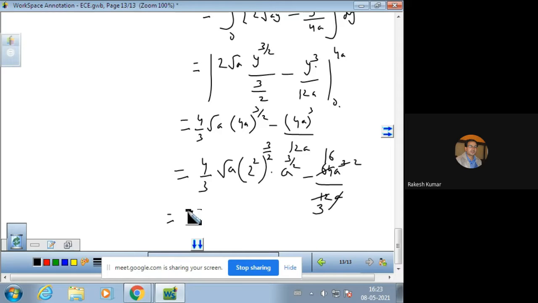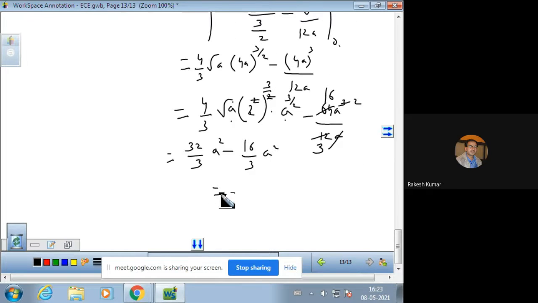So that is 2, 1 is cancelled here. 2 cube is 8, 8 fours are 32 over 3. A raised to power 1 by 2, a raised to power 3 by 2, so 1 by 2 plus 3 by 2, a square, minus 16 by 3 a square. Now it is clear. The subtraction will give you 16 by 3 a square.